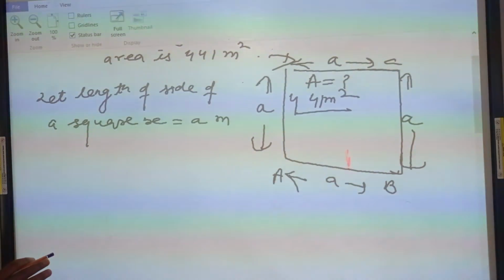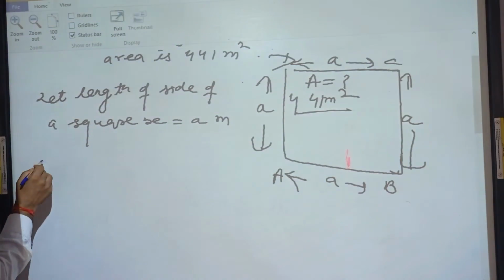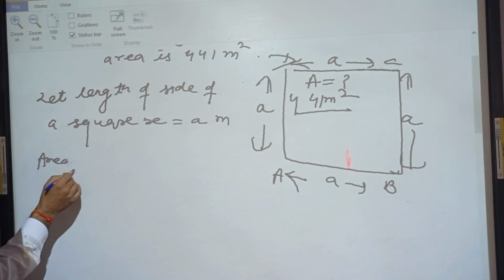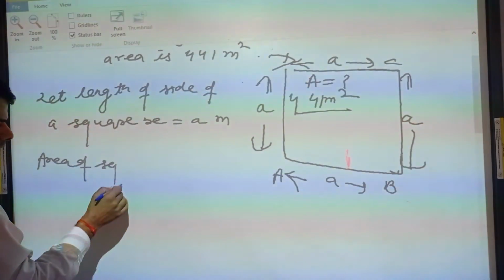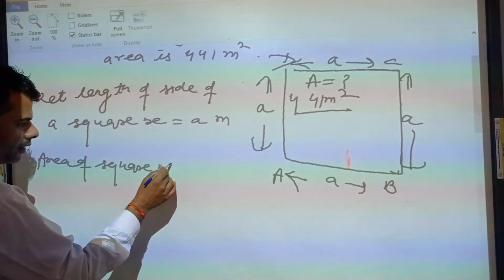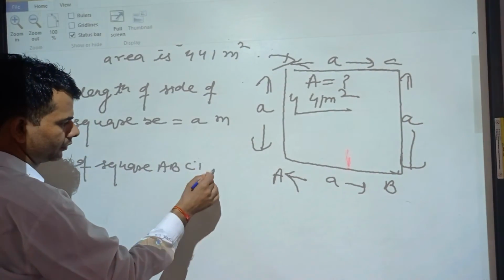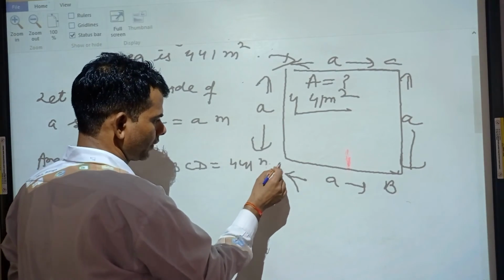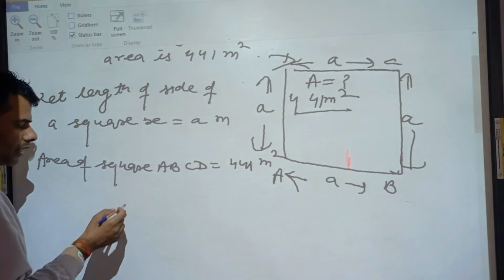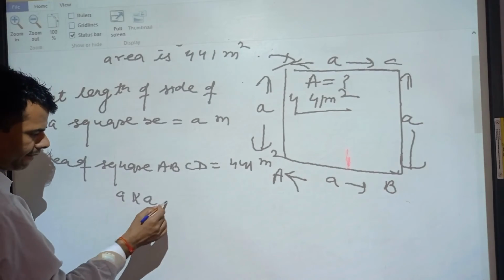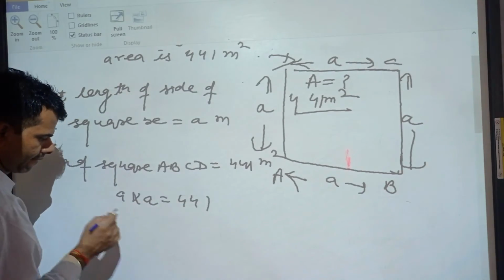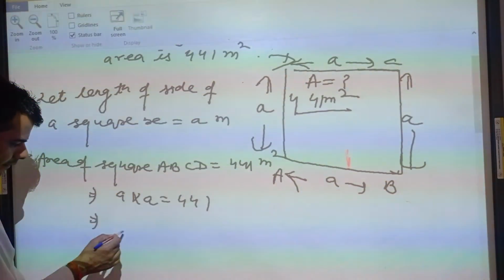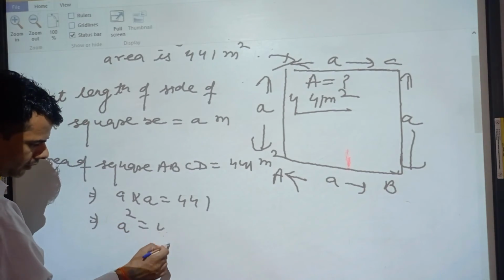The area of square ABCD will be side into side, a squared. The area of square ABCD is 441 meter square, and the area of the square is a into a, a squared equals 441.